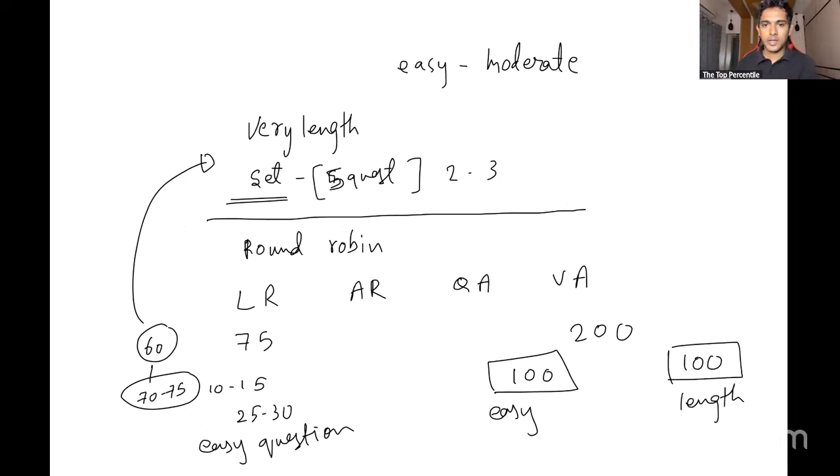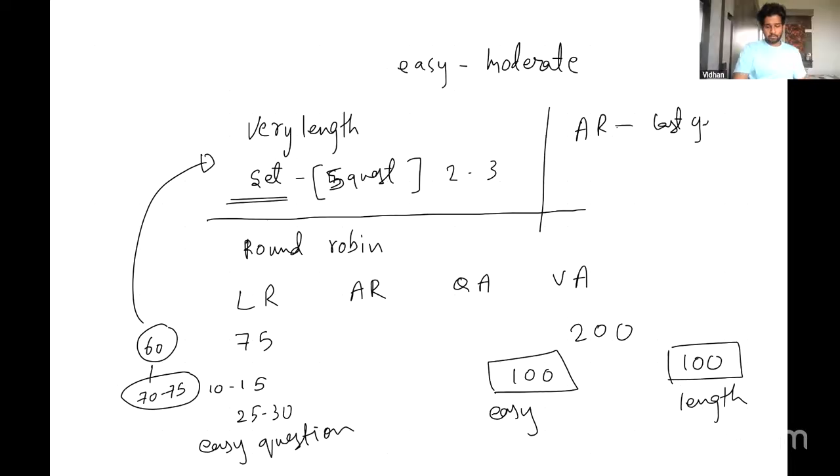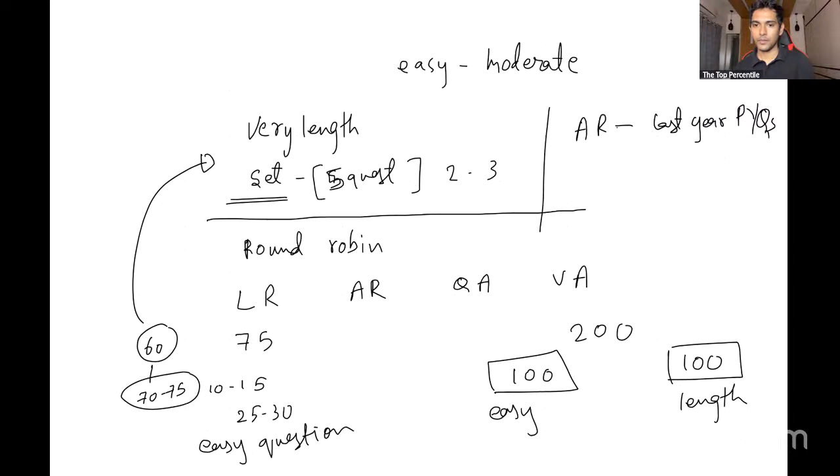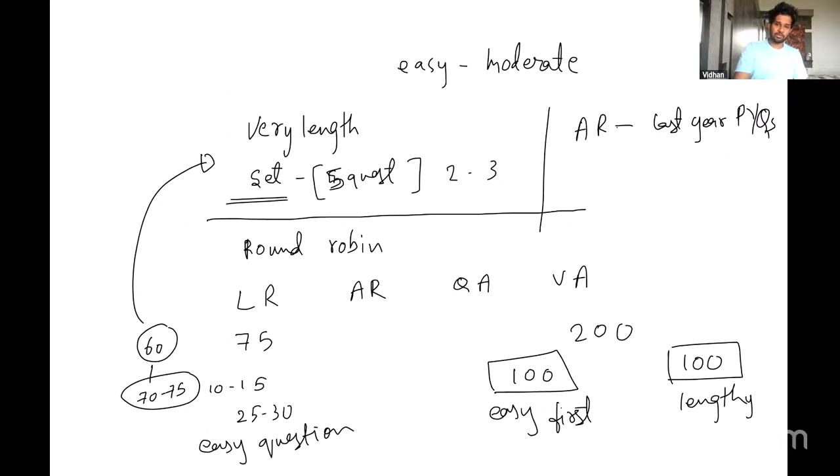Also, abstract reasoning, a lot of students suggested that it was very, very easy and came directly from last year's PYQs. That's right. Yeah, around 20 questions were from PYQs itself. And there were some new questions, around 3 to 5, like counting the number of triangles, squares, and rhombuses in the question.